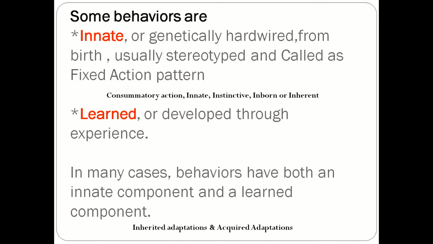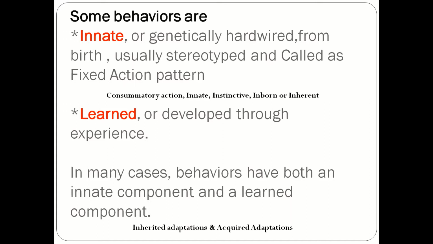Innate behaviors are genetically hardwired into the organism from birth, and they are usually stereotyped. That is, every organism of the species will show the same type of innate behavior. That's why it is called the fixed action pattern.